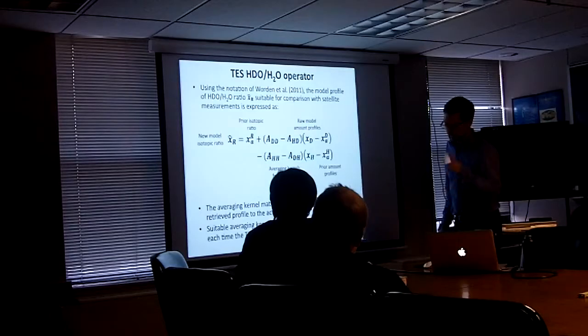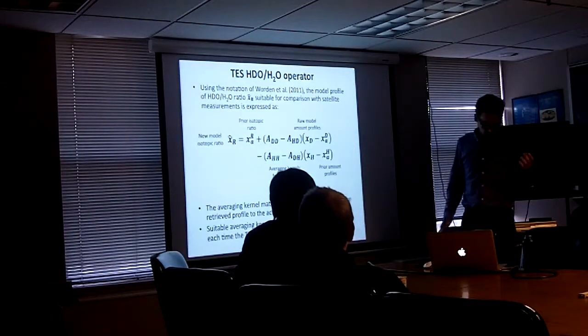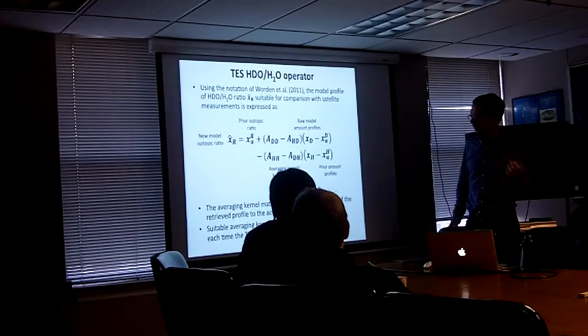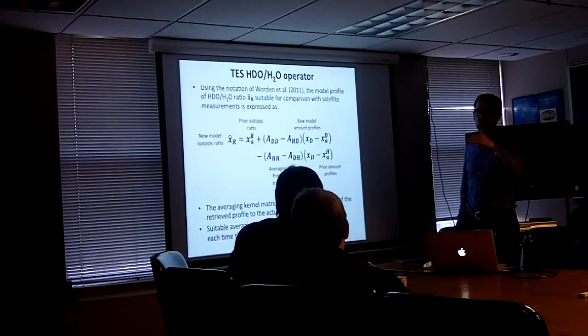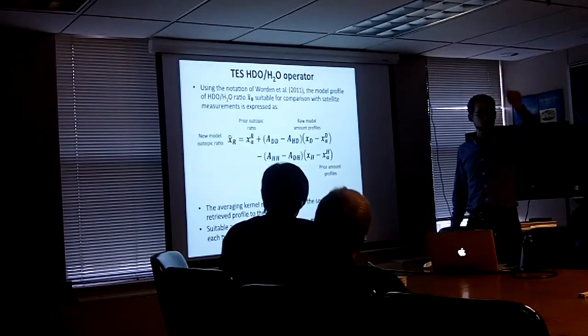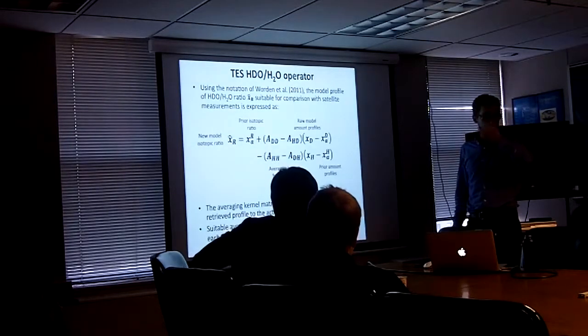And so a product of the retrieval is the sensitivity of the retrieved profile at any level to the isotopic composition throughout the rest of the column.